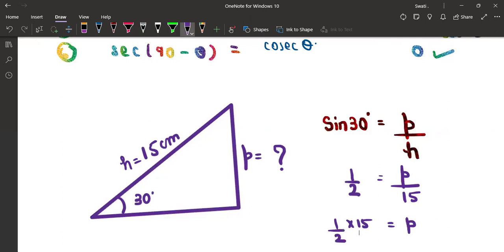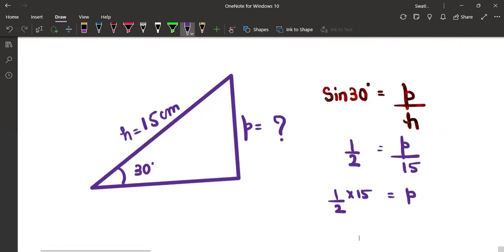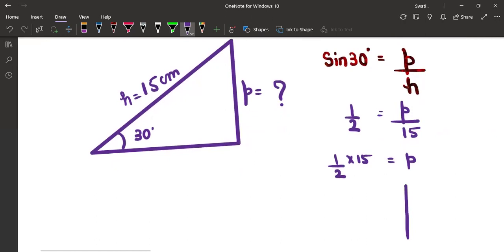So what is the value of P? The value of P is 15 by 2. Yes or no? Yes. So what is the value of P in decimal? Can you not tell me what is 15 by 2 in the decimal form?